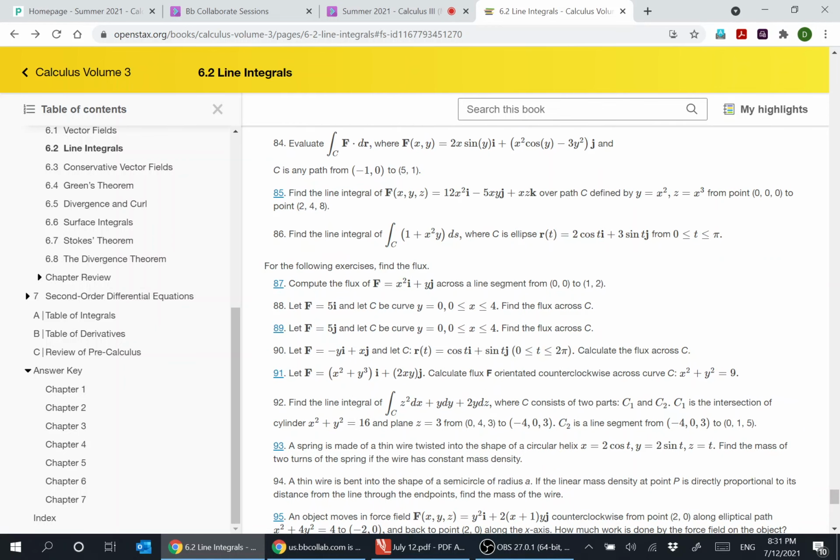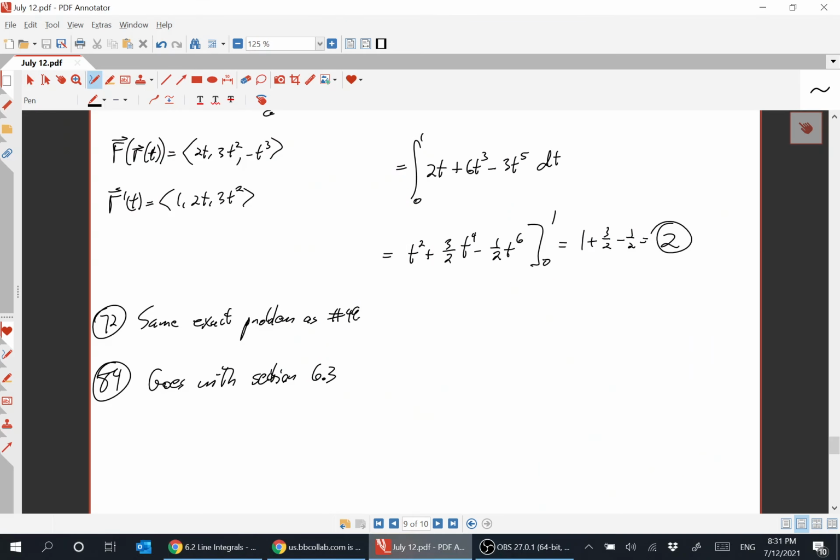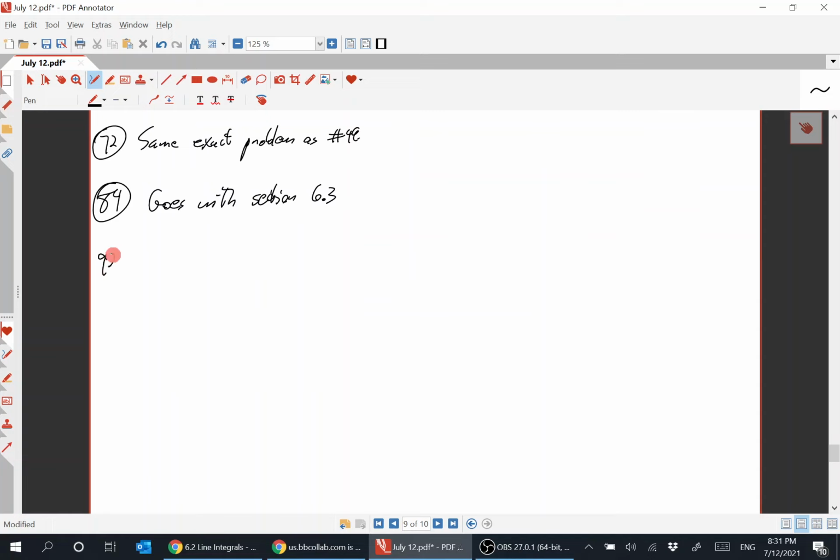So 92. So this is that other notation for the vector field line integral. So number 92.